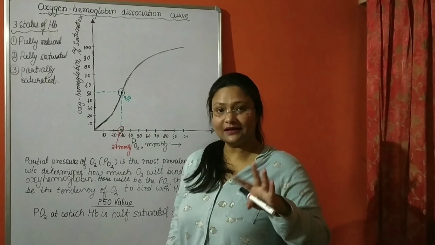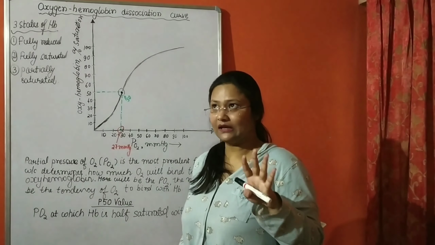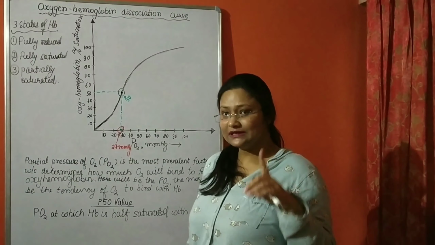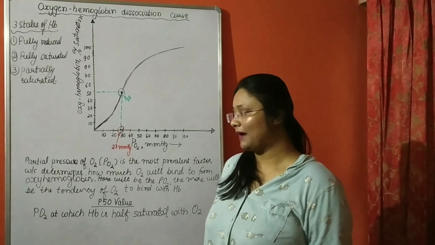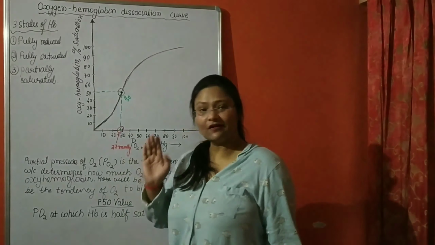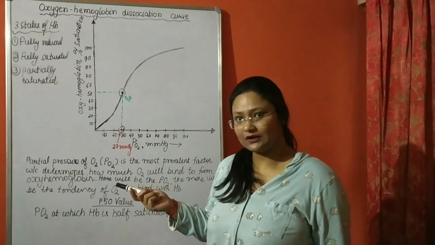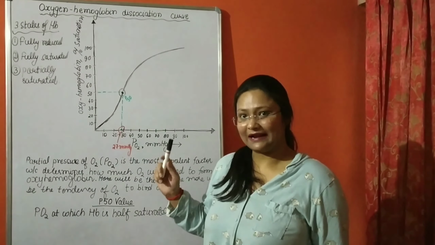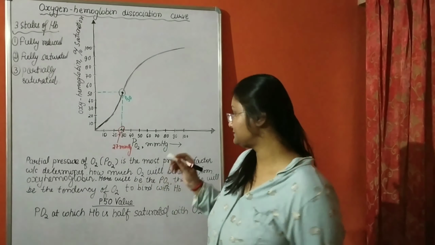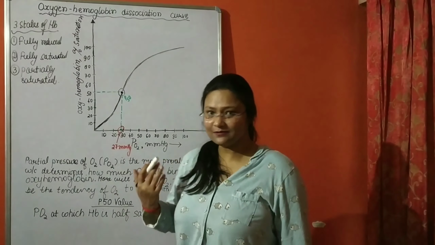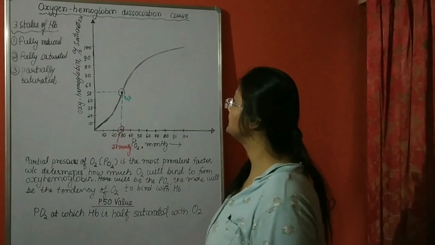So there are four heme groups, right? And to each one of them, one oxygen molecule binds. Once one oxygen has already bound, it helps another oxygen molecule at the second site to bind with hemoglobin. So it is known as positive cooperativity.